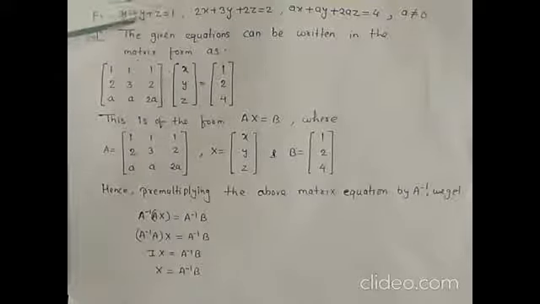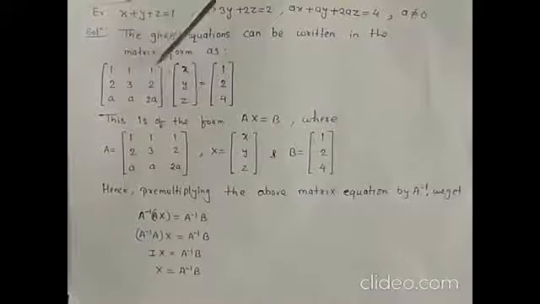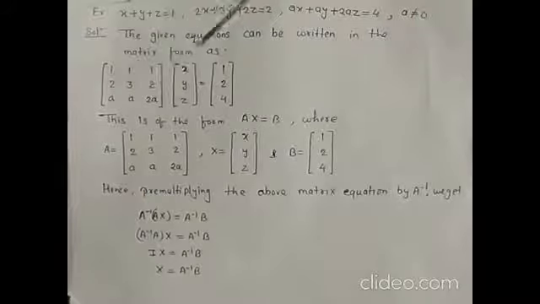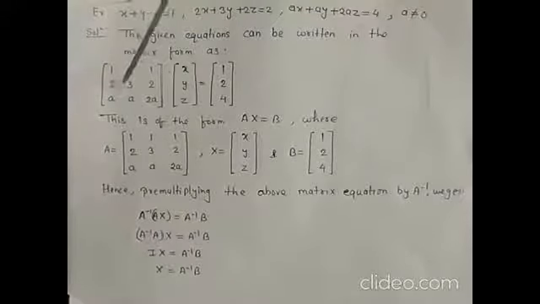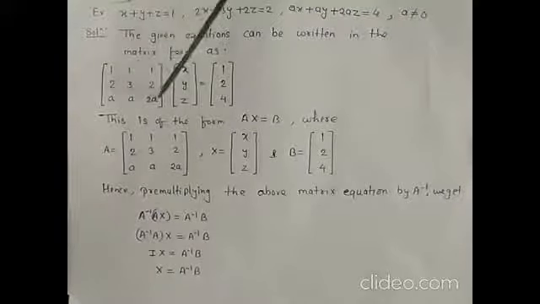Coefficients of x, y and z are 1, 1 and 1. We have written here 1, 1, 1. Coefficients of x, y, z in the second case are 2, 3 and 2. We have written 2, 3 and 2. Next, the coefficients of x, y, z here are a, a and 2a. We have written a, a and 2a, children.